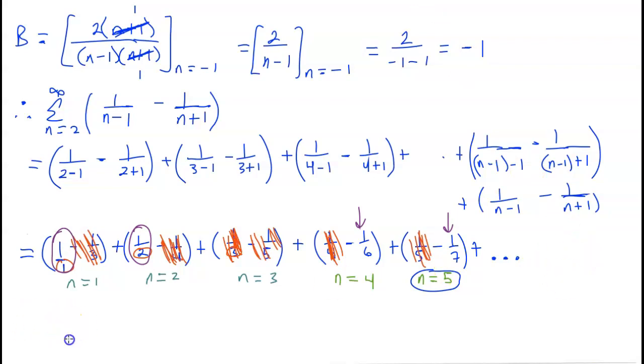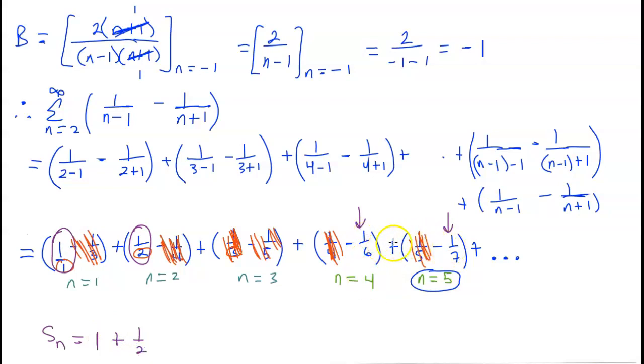So here we know that the nth sum of partial sums of this particular sequence that we're writing, we know that we're going to keep the 1 that's here. We know we're going to keep the 1/2 that's here.